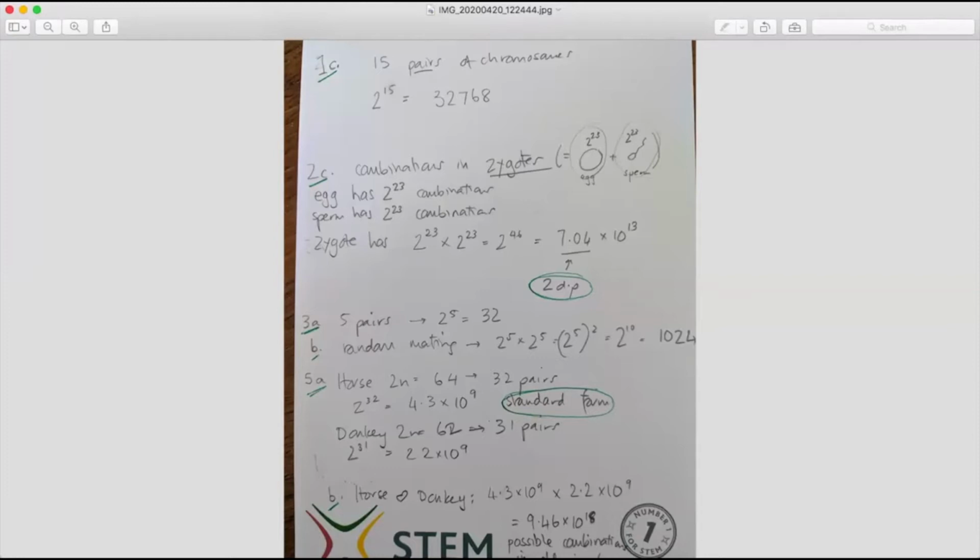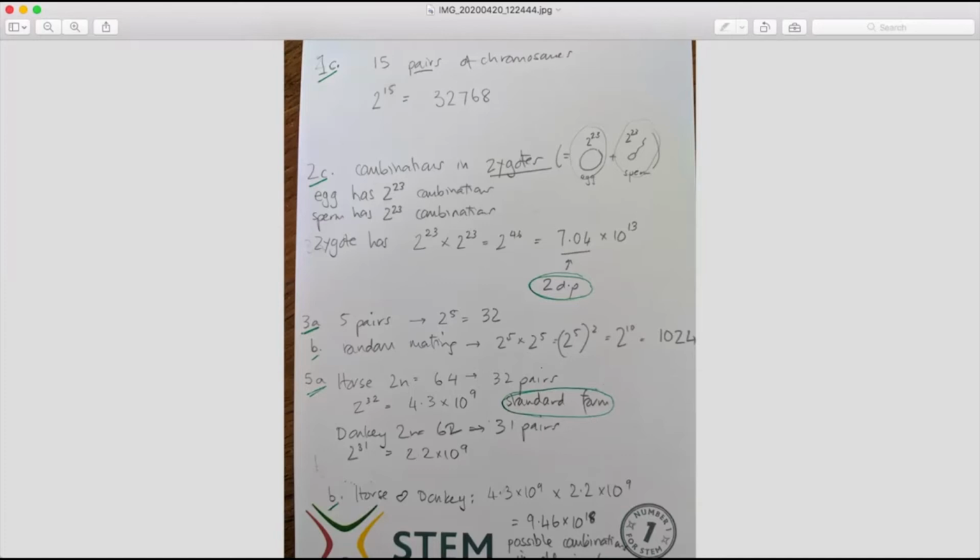So in one gamete, if you have 15 pairs of chromosomes, this is the number of chromosome combinations that you can have in one cell. Question 2 is different because it's talking about the combinations in the actual zygote. So that's if you have two gametes coming together. So you have an egg cell coming together with a sperm cell to form a zygote.